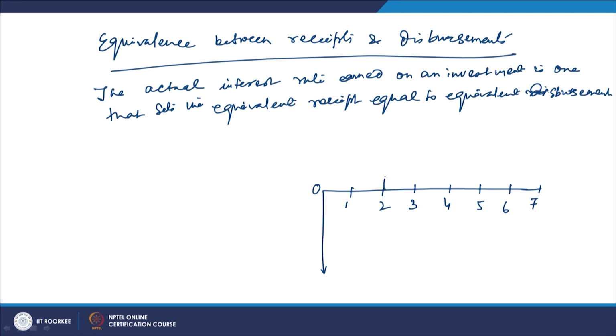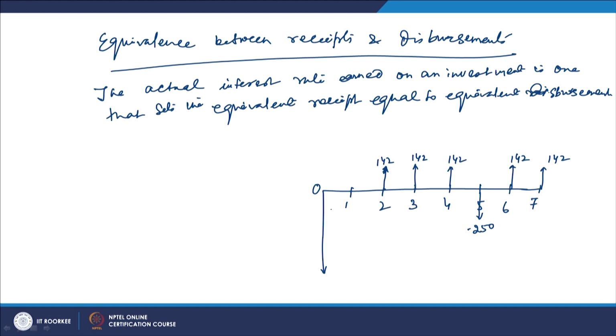At 2, 3 and 4 there is a receipt of 142 rupees each, and at 6 and 7 also there is a receipt of 142. At the 5th time you have a disbursement of 250.